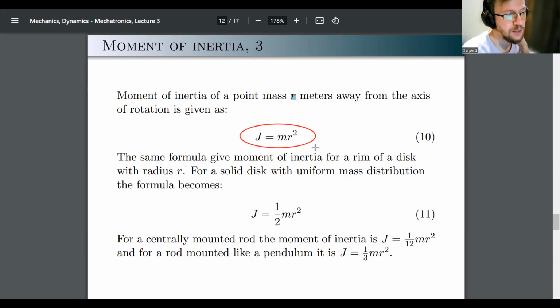Also, if you have a complicated form, like a solid disk, but there is a hollow space inside, we compute inertia for the solid disk, then we compute the inertia for what would have been this hollow part, and then we subtract this hollow part from the disk overall. There are tricks, and all of those tricks are simple.